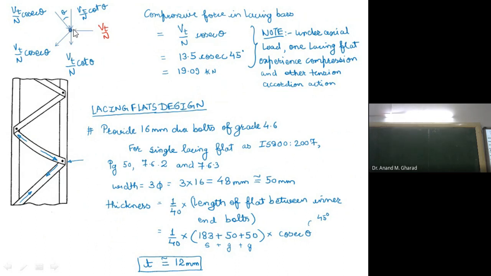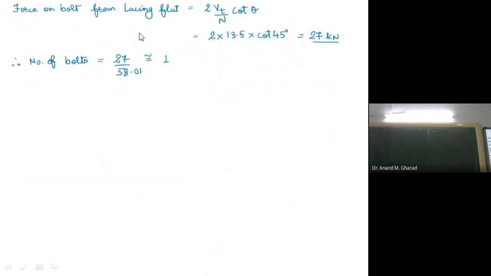बराबर है? और इसका horizontal component जो है वो nullify हो जाएगा. Correct? So therefore, this will be the only force in the form of vertical. Vt by n cot theta and Vt by n cot theta, that is nothing but 2 times Vt by n cot theta, that will be acting at that bolt.